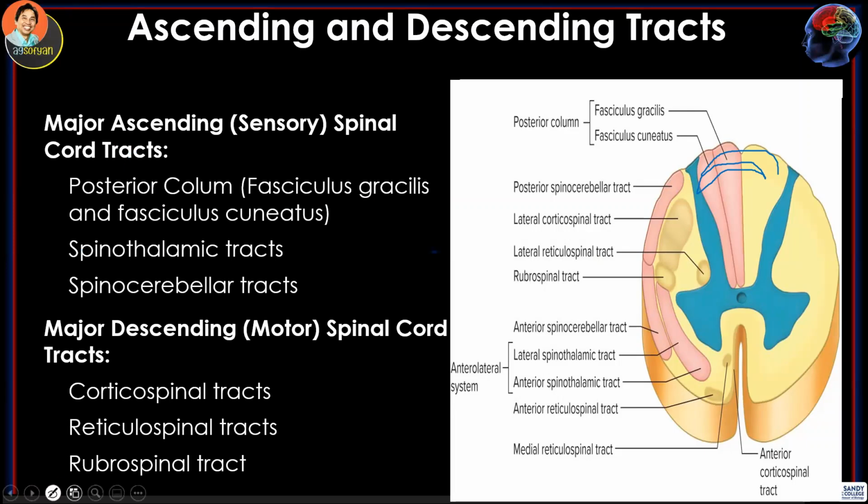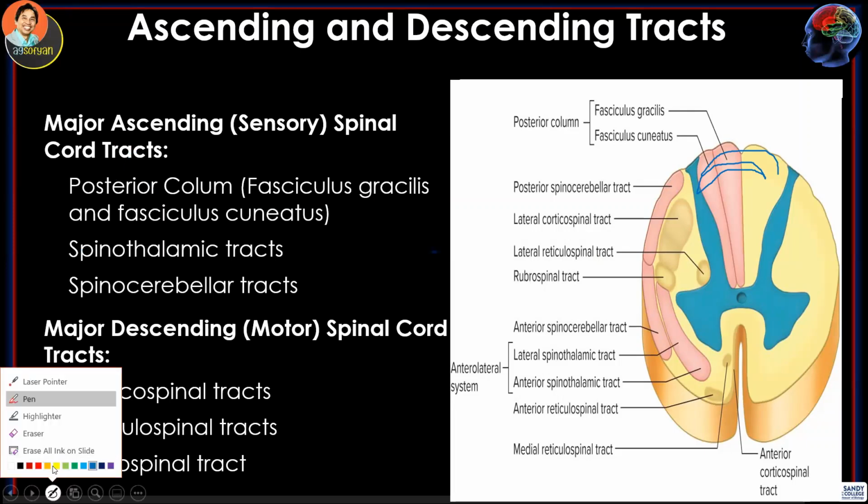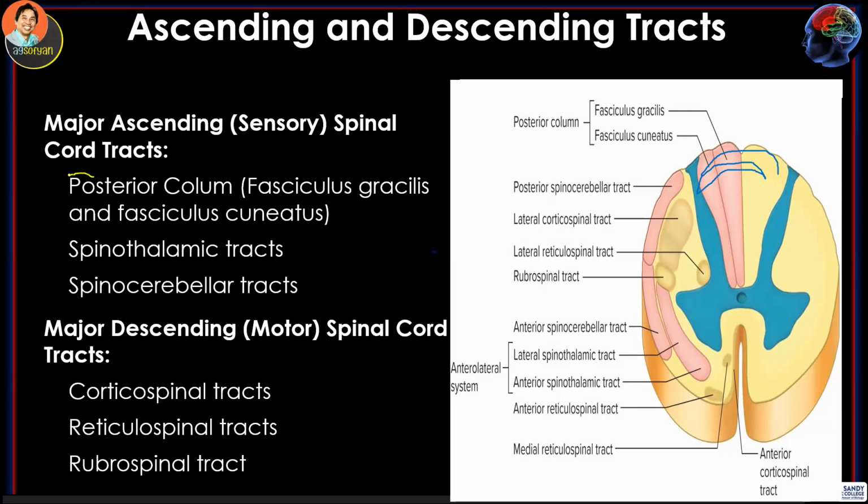It is called the posterior column. So in the posterior columns, all of them have tracts that go up. So this is the ascending tract, the posterior column area. It consists of fasciculus gracilis and fasciculus cuneatus.